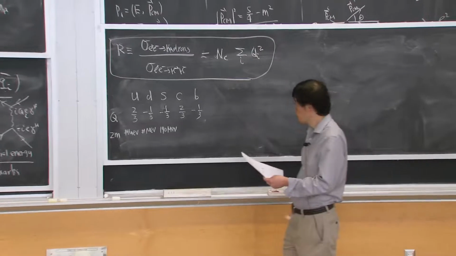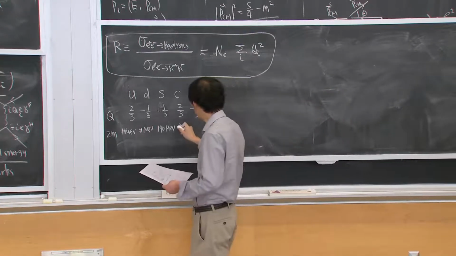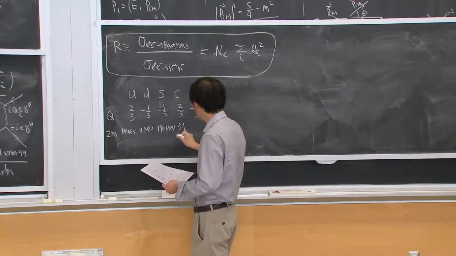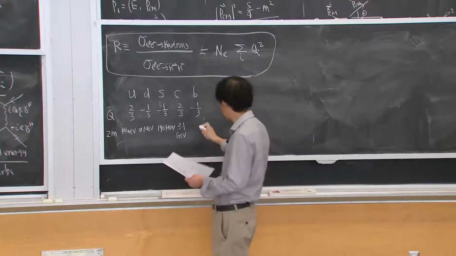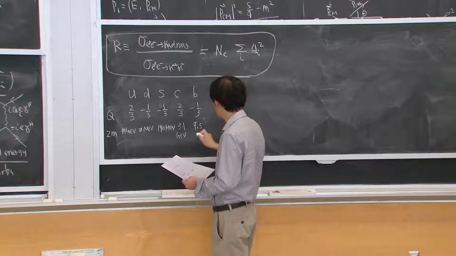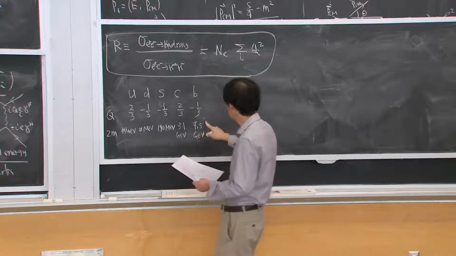The charm threshold is about 3.1 GeV, and the threshold for the bottom quark is about 9.5 GeV.